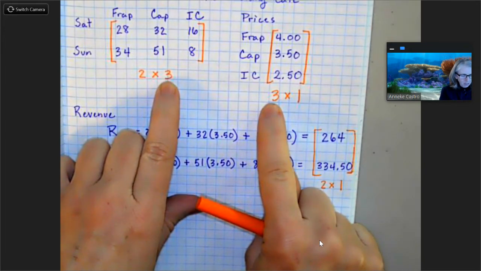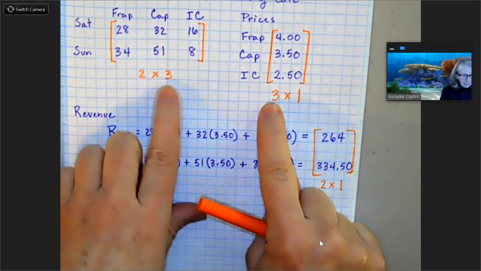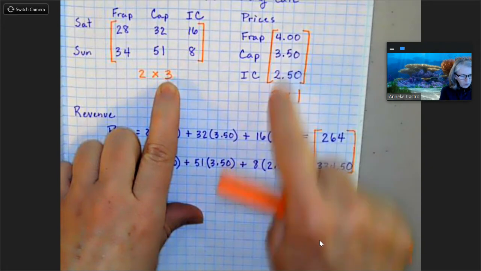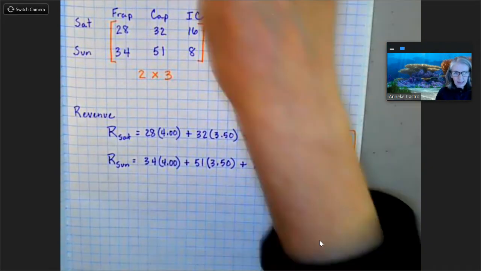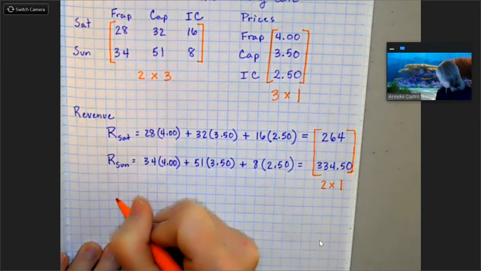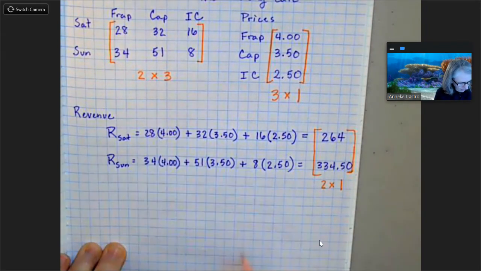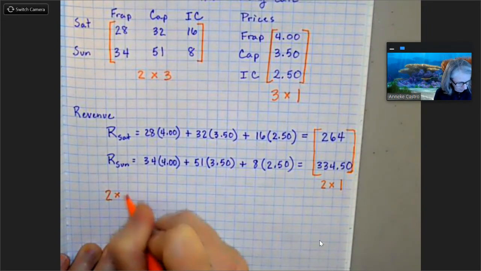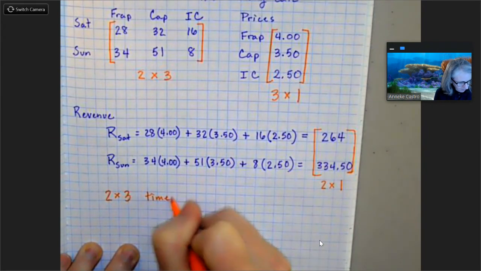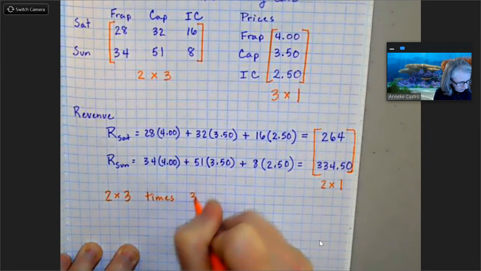These dimensions have to be the same. So the first matrix, its number of columns has to be the same as the number of rows on the second one. So if I write this out, I had a 2 by 3, and I'm going to multiply by a 3 by 1.